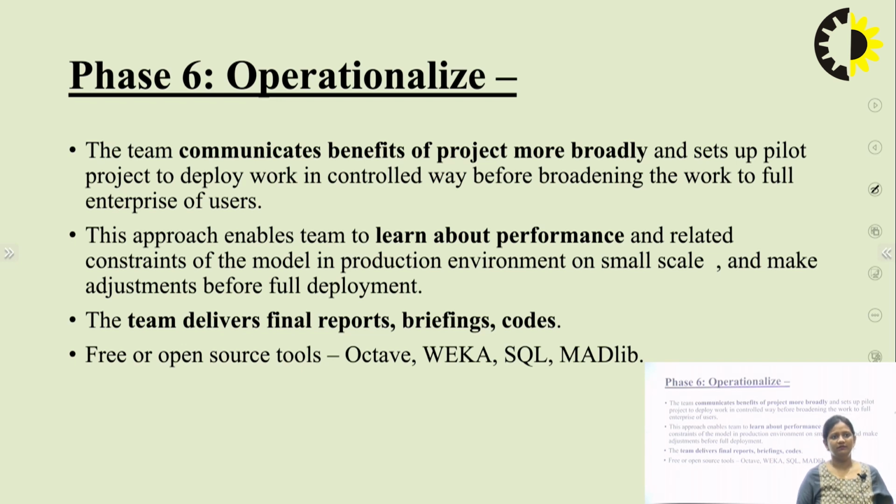The team delivers a final project briefing and code. Then in the operationalize phase, the team delivers the final reports, briefings and code, using free open source tools like Octave, WEKA, SQL and MADlib to get the project fully working.